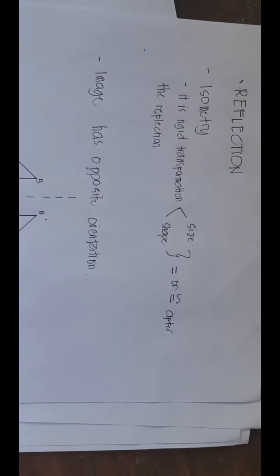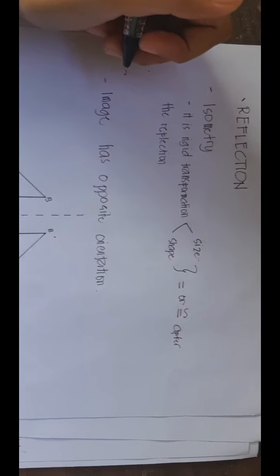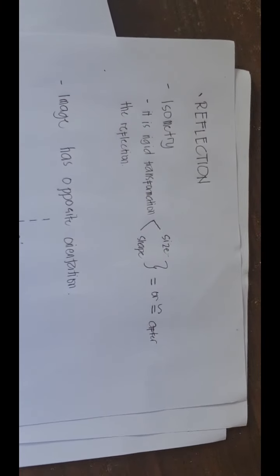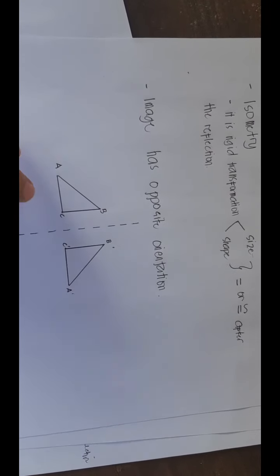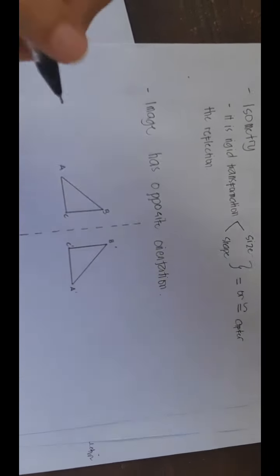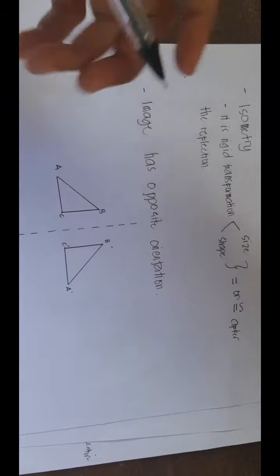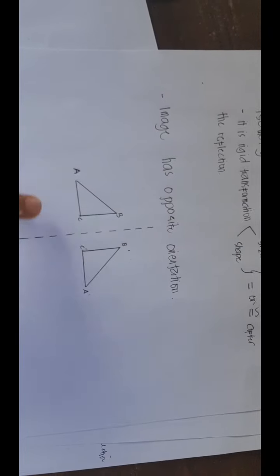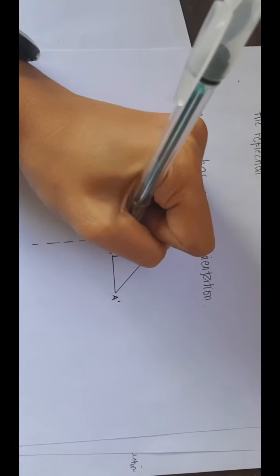Okay, next, in a reflection, the image has opposite orientation. Now, using this illustration here, we're gonna have a triangle ABC that is reflected. As you can see, after it was reflected, we have A prime, B prime, and C prime.